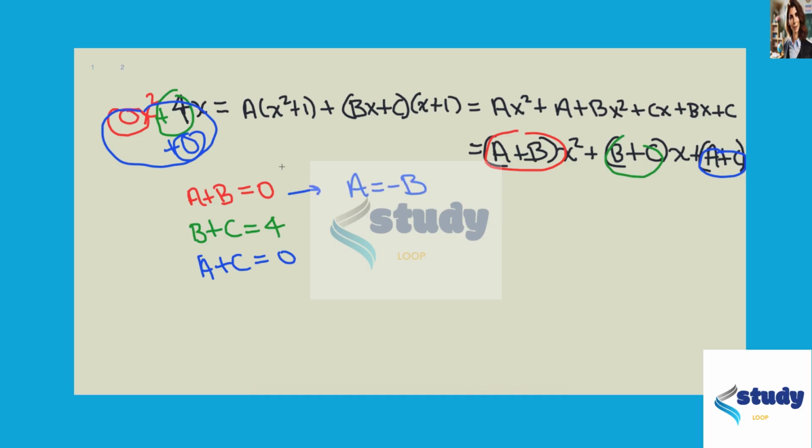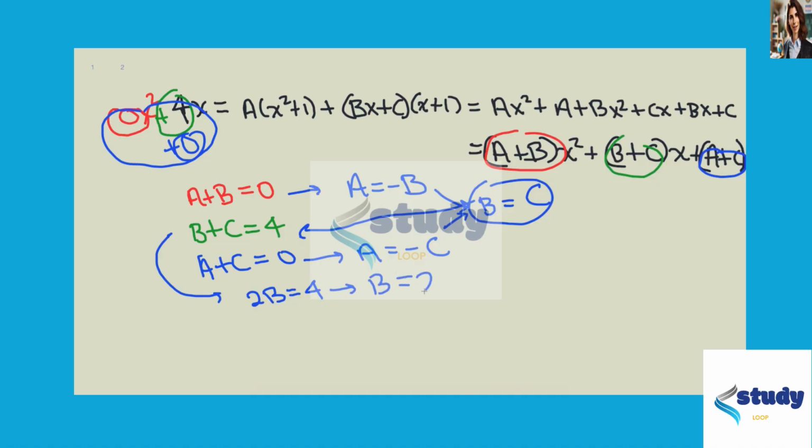So I can rewrite the first equation by solving for A. I could even take the last equation, solve it for A. And then since negative B and negative C are both equal to A, we must put these together to say B equals C. And so plugging this into the second equation, we have 2B equals 4.